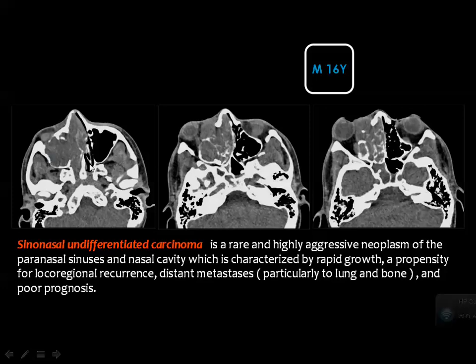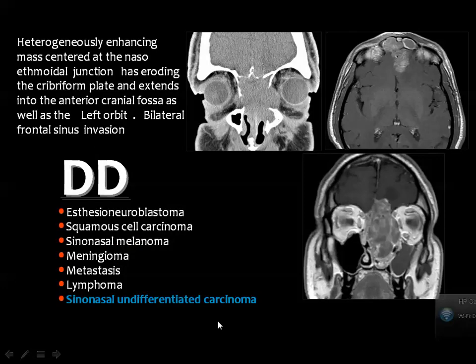In the tumor, you can appreciate very easily the aggressiveness of bone destructive changes. And as I have mentioned, if you see a lesion which is centered in the ethmoidal air cells, either unilateral or bilateral, with some extension into the adjacent orbit or both orbits, as well as intracranial extension, then the differential diagnosis will include esthesioneuroblastoma or olfactory groove neuroblastoma, squamous cell carcinoma, metastasis, and lymphoma.